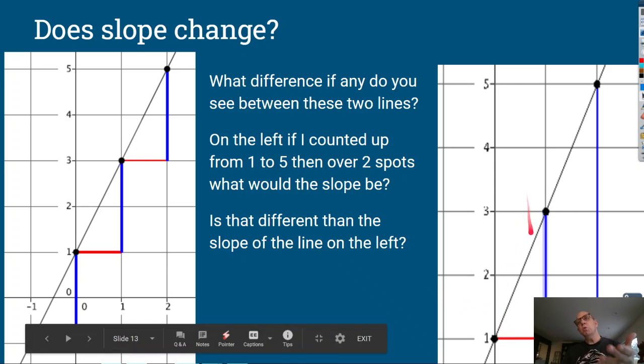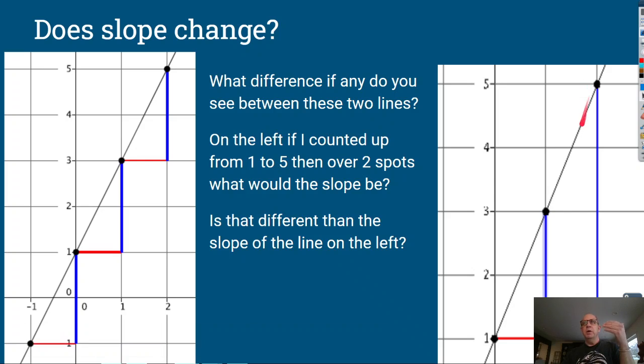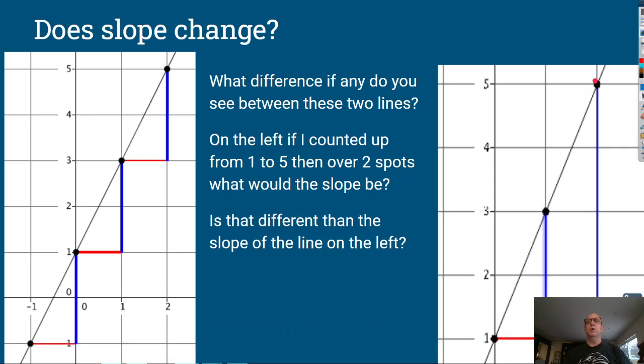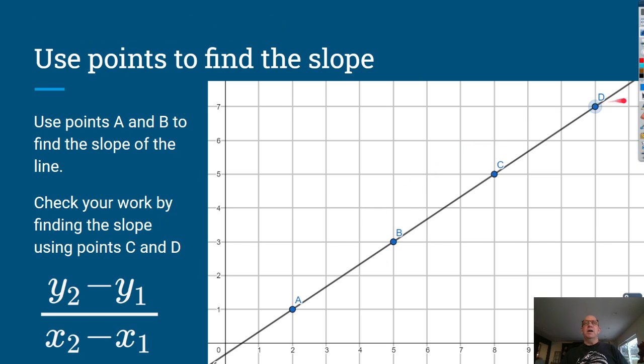So the slope on a line is exactly the same between any two points on the line. These two points here and here have the same slope as if you skipped the two points and got the same line. So basically we're saying the slope of a line does not change.